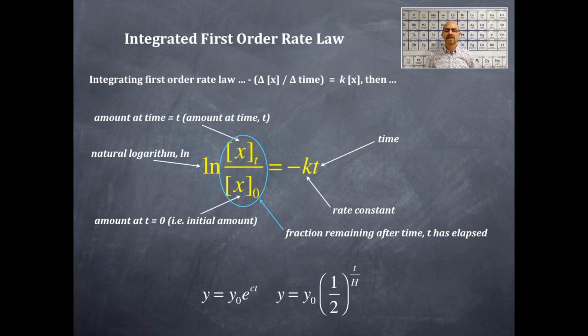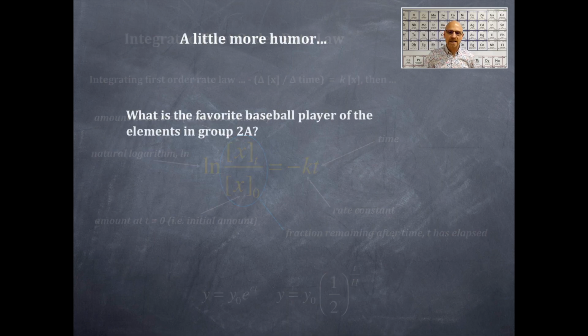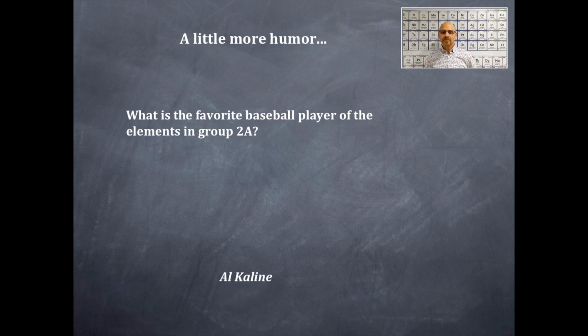I am the Crazy Hat Chemist, and I've got a little bit of humor for you. What is the favorite baseball player of the elements in group 2A? You have to figure out where group 2A is. It starts off with beryllium and goes down to radium. What group is 2A? You've got the alkali metals and then the alkaline earth metals. So of course, that favorite baseball player would be Alkaline.